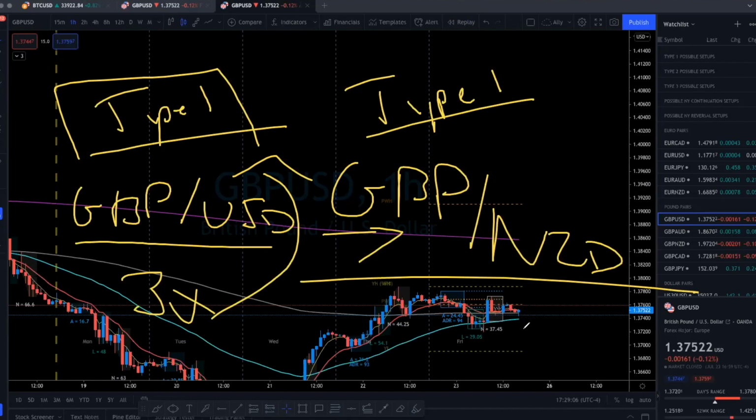Now, I don't know about you guys, but like, if type 1 is your thing, cool. If you can consistently get 30 pips, awesome. But whether I get 30 pips from pound NZD, AUD USD, Euro USD, pound USD, pound JPY, like, I don't care, right?